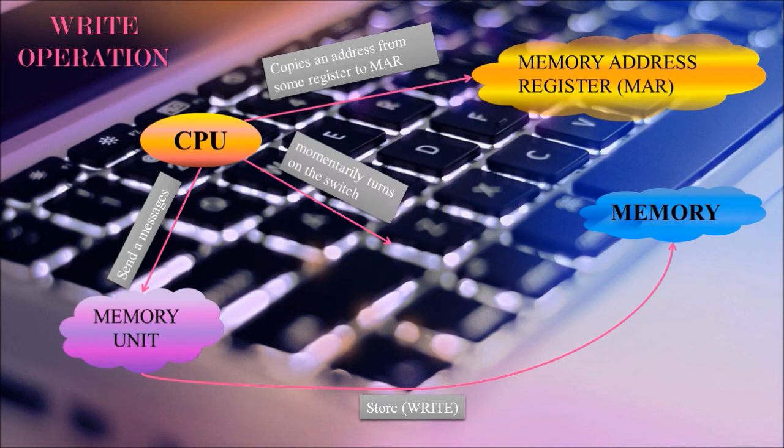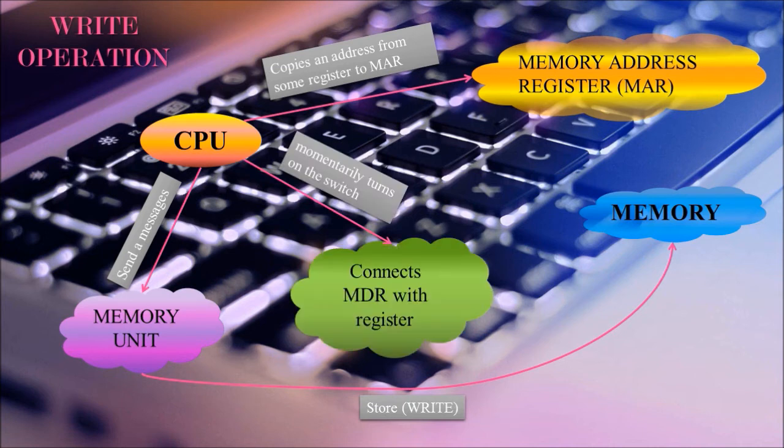The CPU then momentarily turns on the switch that connects the MDR with the register, and the data transfer takes place between the register and the MDR. The data will then be transferred from the MDR to the memory location as specified in the MAR.